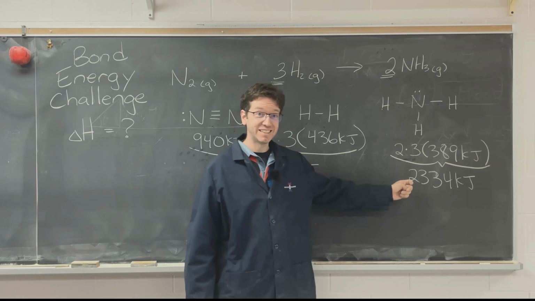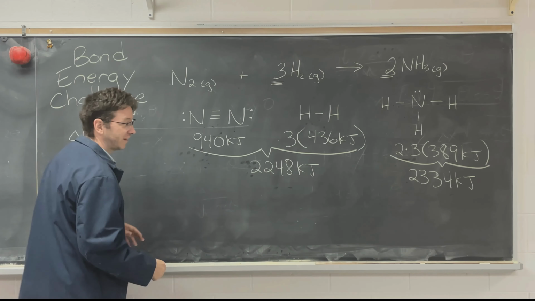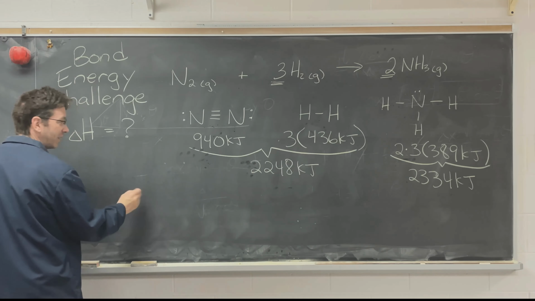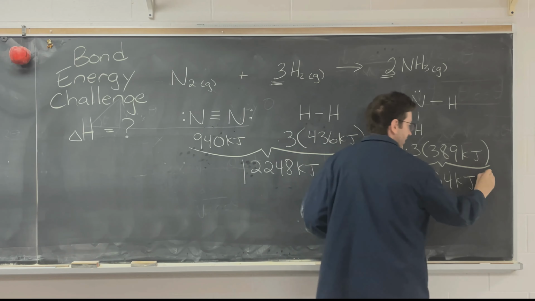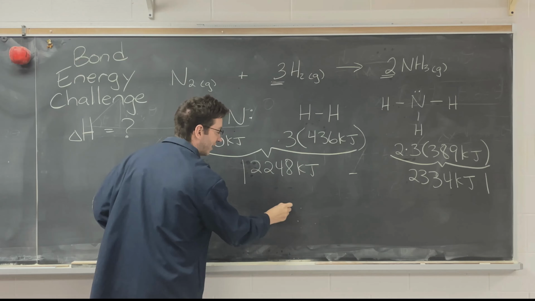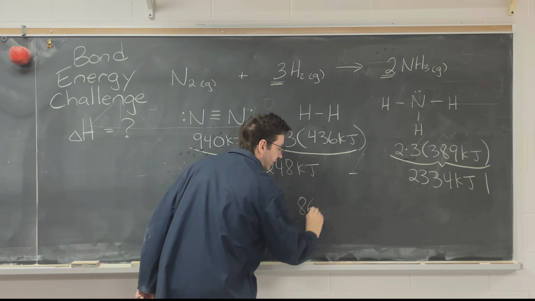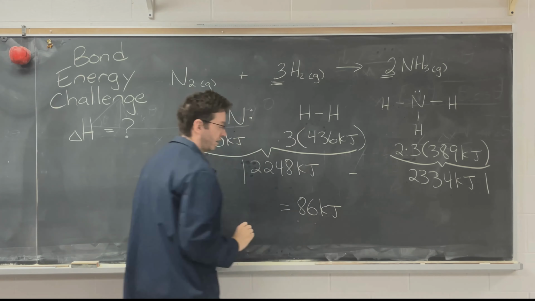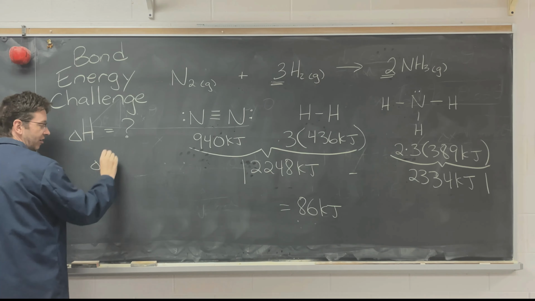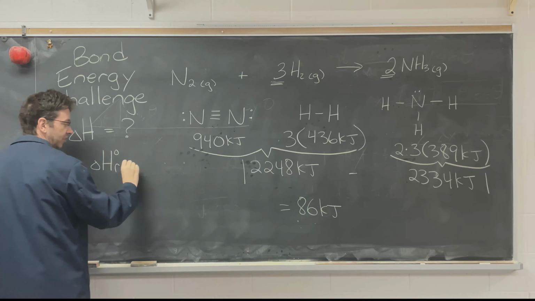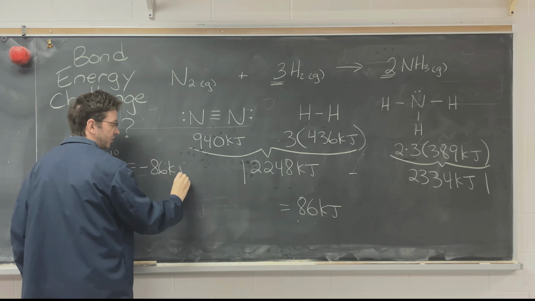And we can just find the difference between those numbers. Right? So difference meaning we subtract them, but let's just take the absolute value when we subtract them here. So subtract absolute value, and we get a difference of 86 kilojoules. But our change in enthalpy for this reaction is going to be minus 86 kilojoules.